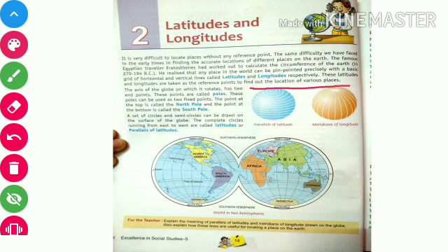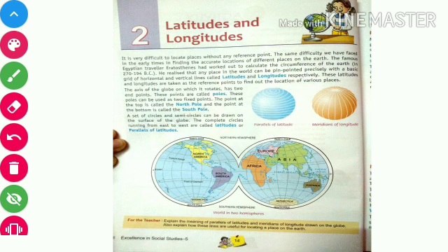The axis of the globe on which it rotates. Suppose this is the axis of the globe. It is an imaginary line on which a body rotates. The axis of the globe has two endpoints. Okay, this is the endpoint. These points are called North Pole and South Pole.